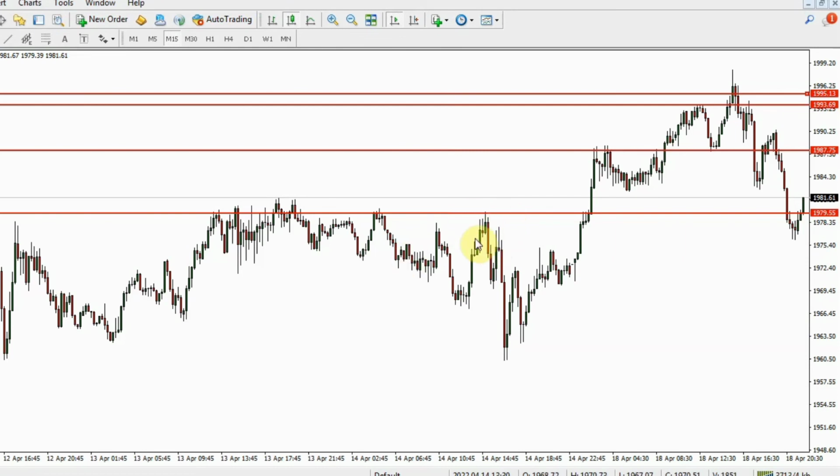Because they're used to entering around here, the market pushes a little bit and then comes back, that's a good trade for them, right? Then they hit their take profit, right? But they enter right on this level and the market keeps going down. What happens is the market goes down, they enter again right here, they enter again right here, because number one, they don't understand pip value or barcoding or whatever.